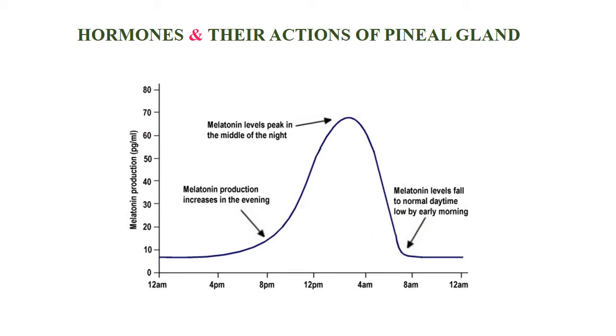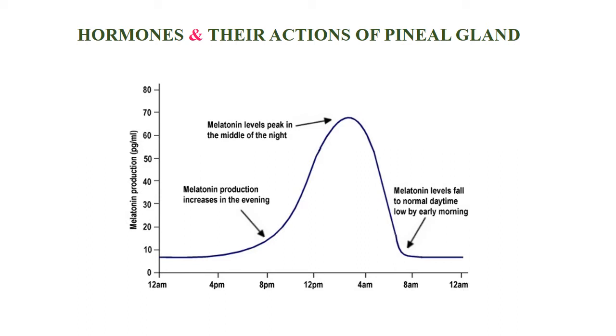The pineal gland secretes a hormone called melatonin. The pineal gland is sensitive to light. Through the retina, the message is carried by the sympathetic and parasympathetic nerves to the pineal gland, where the nerve endings are innervated.